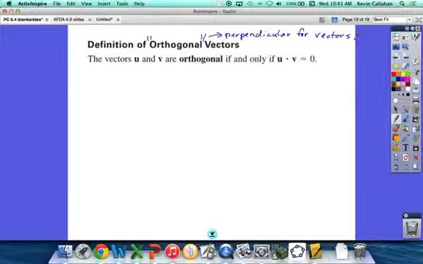So the check will be, is the dot product 0? If it is, that's it. Yes, they are orthogonal. This edition of the book has changed this just a little bit. We'll see in the next example.